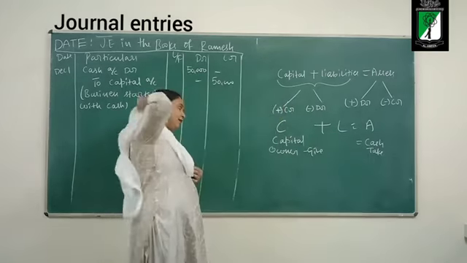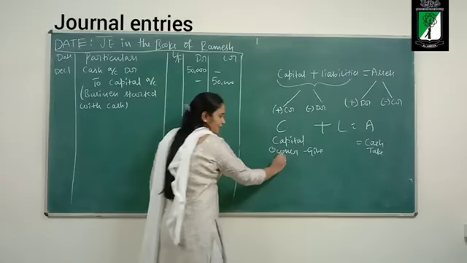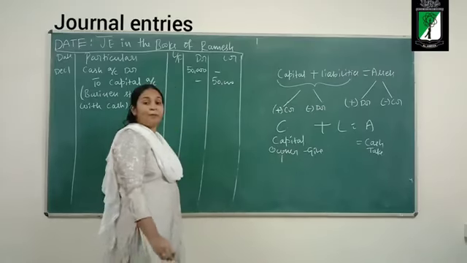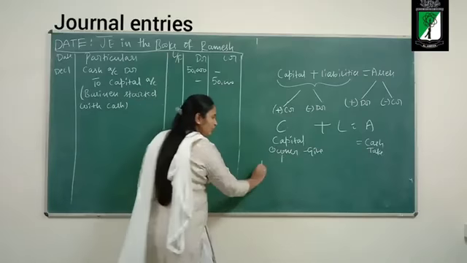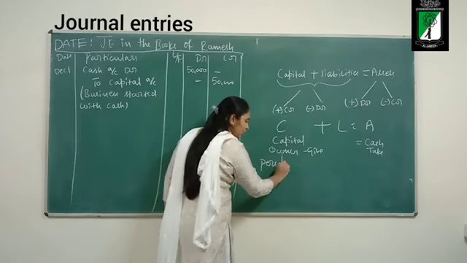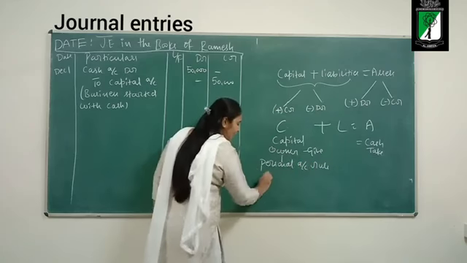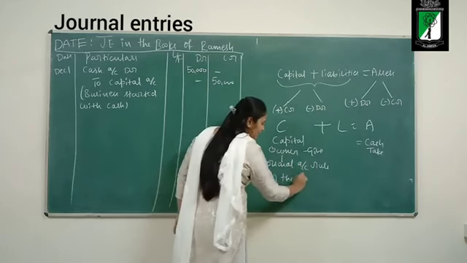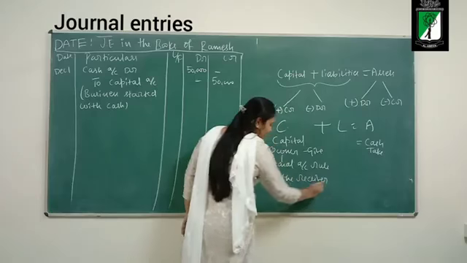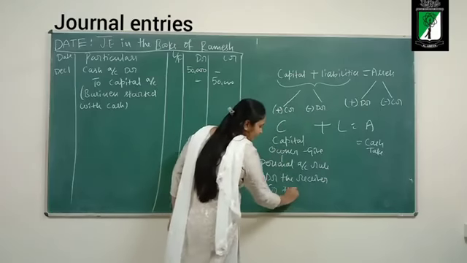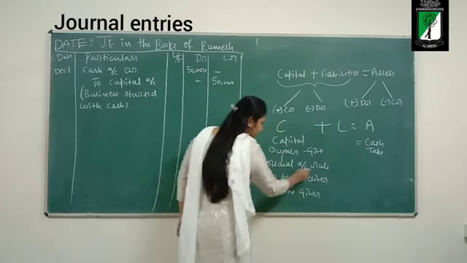Business is taking. So, owner is a person. For persons, which account rule? Personal account rule. What does the personal account rule tell? Debit the receiver and credit the giver. This is the rule.